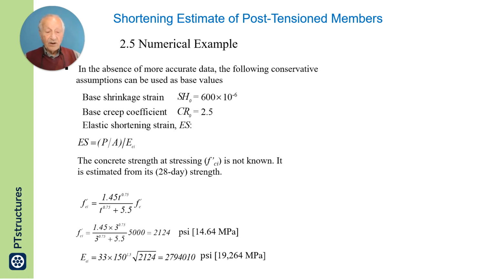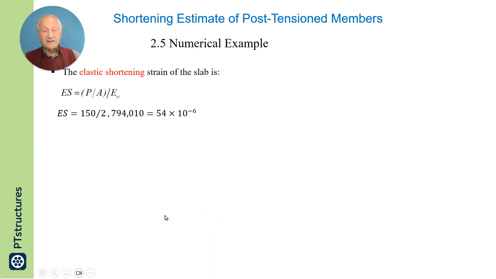And the modulus of elasticity at the bottom left uses the formula, and this is the modulus of elasticity. So elastic shortening will be force divided by area, which is stress, over modulus of elasticity. That is the elastic shortening strain.